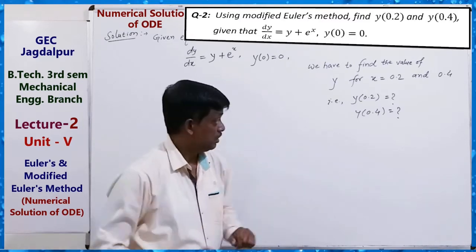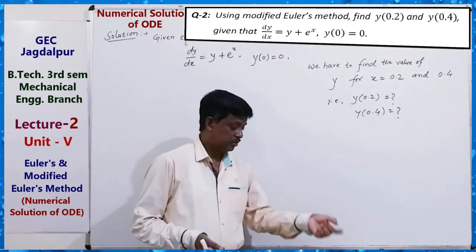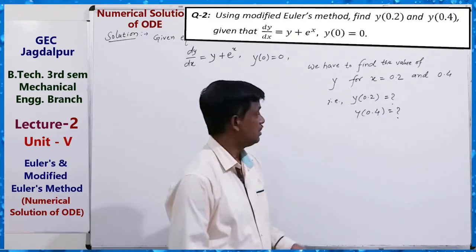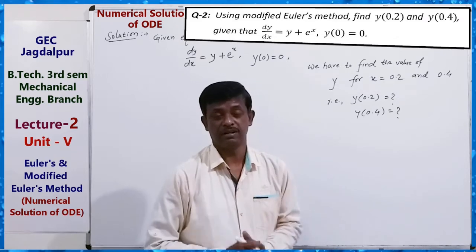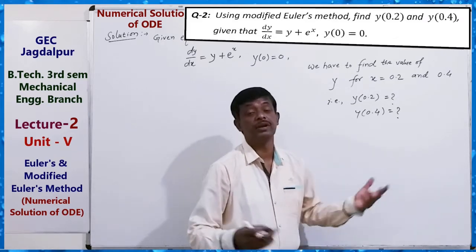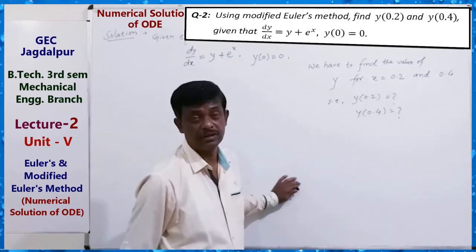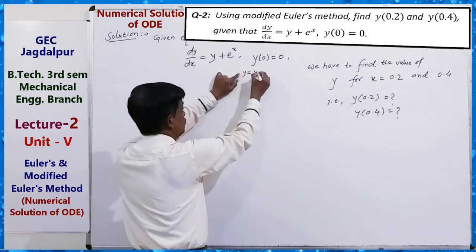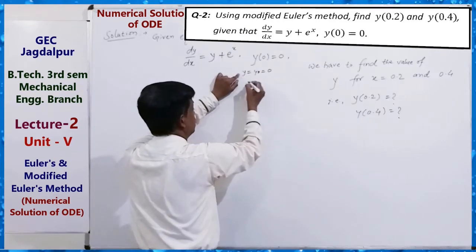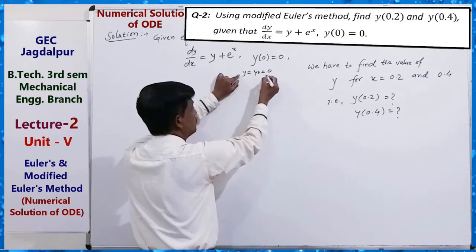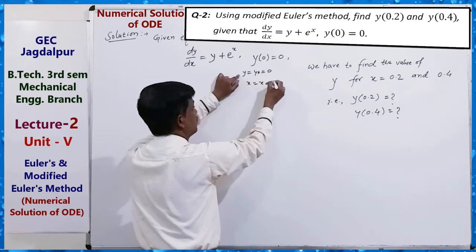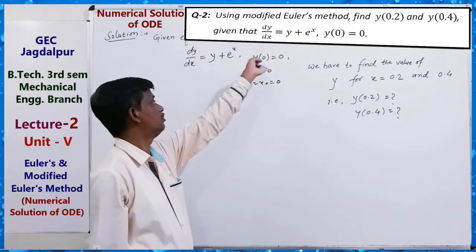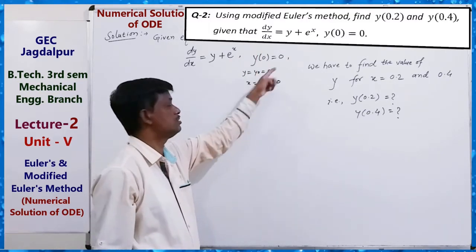Okay. Now, in the given question, the interval h may be given or may not be given. Here nothing is given. So here the initial value: y0 means 0, and x0 means 0. For x equal to 0, the value of y is equal to 0, that is x0 equals 0, y0 equals 0.